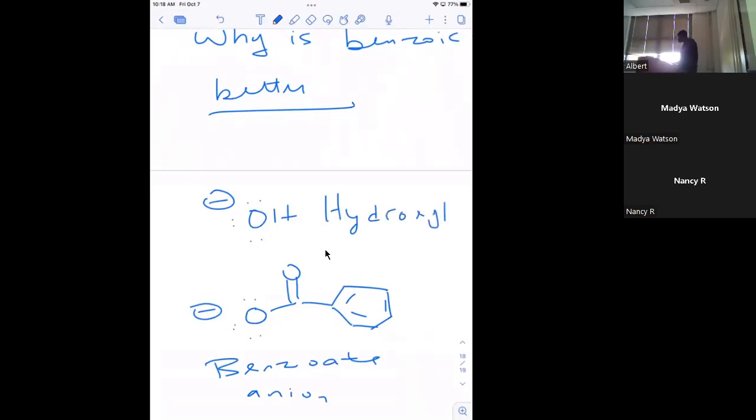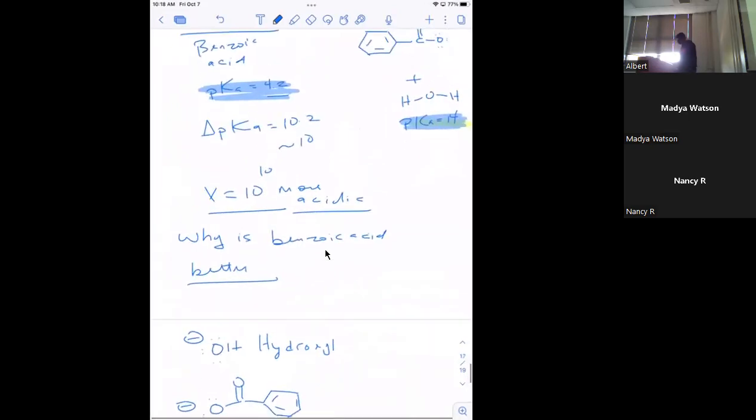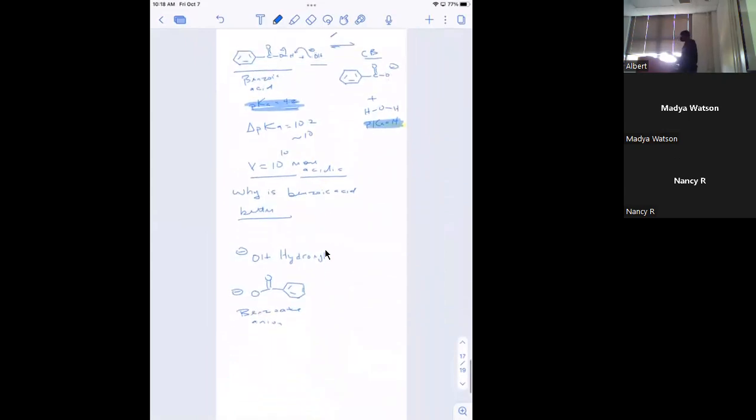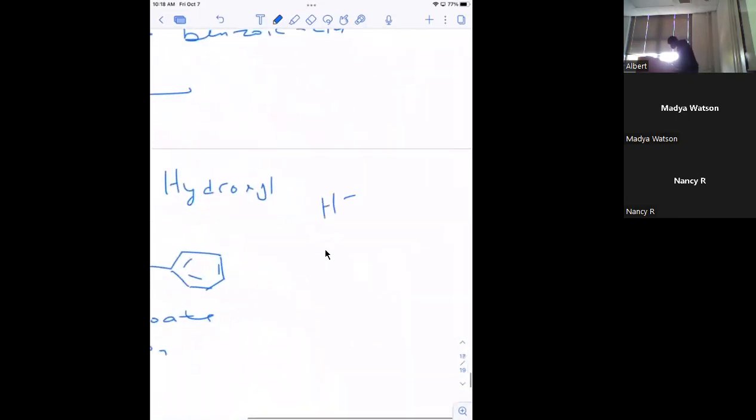Anytime we ask why one acid is better than the other, what we want to do is compare the conjugate bases. So we're comparing OH minus, the conjugate base of water, and benzoate, the conjugate base of benzoic acid.